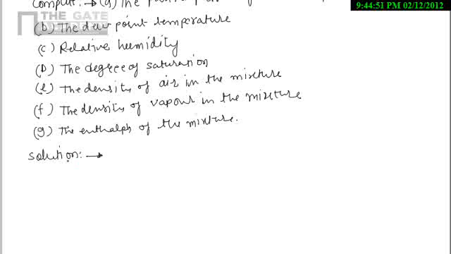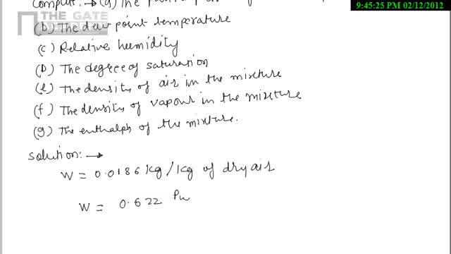In that problem, specific humidity, that is W, is given as 0.0186 kg per kg of dry air, and we have to find out first the partial pressure of water vapor. So we know the specific humidity is nothing but 0.622 Pw divided by P minus Pw. Now we are solving the A part.